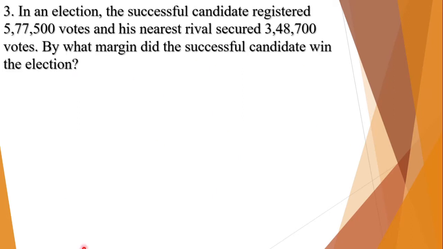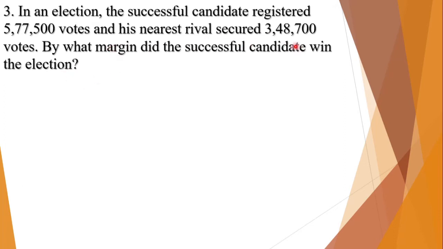So the third question is, in an election, the successful candidate registered 5,77,500 votes and his nearest rival secured 3,48,700 votes. By what margin did the successful candidate win the election? Now, there will be a successful candidate and his nearest rival also will be there.